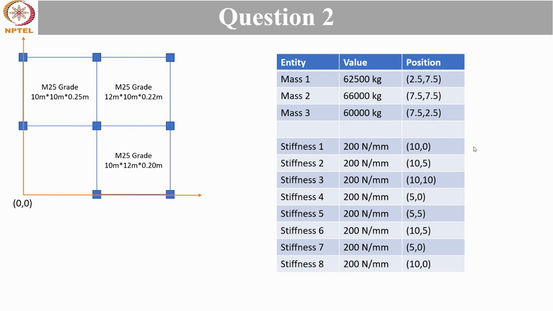Then for column 2 it is 10 comma 5, then 10 comma 10. Similarly, column 4 is at 5 comma 0, then 5 comma 5, then 10 comma 5, and then the seventh column is at 5 comma 0, 0 comma 5, and 0 comma 10.